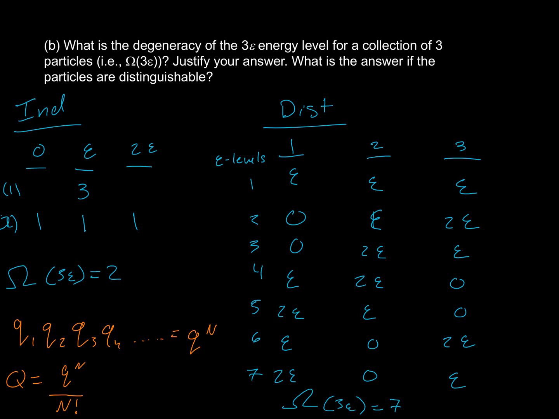Okay. Next part. Again, there should be a C. For the single particle system, again, we're only at energy levels 0, 1, and 2. What is the probability of a particle having energy epsilon at infinite temperature?